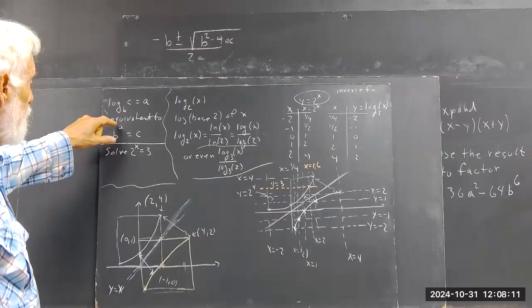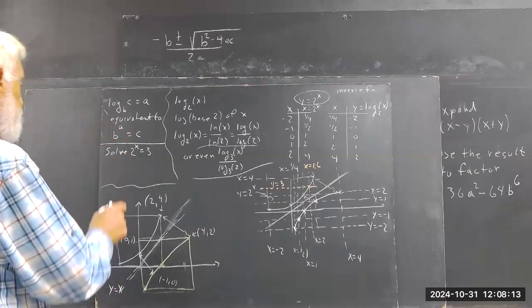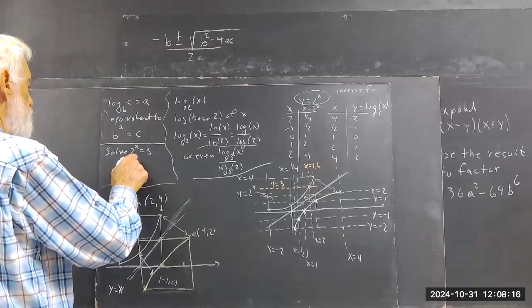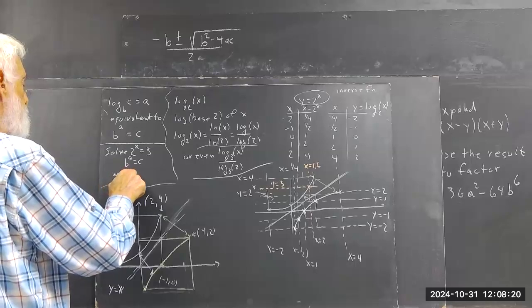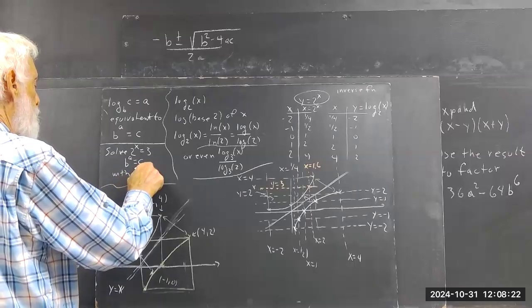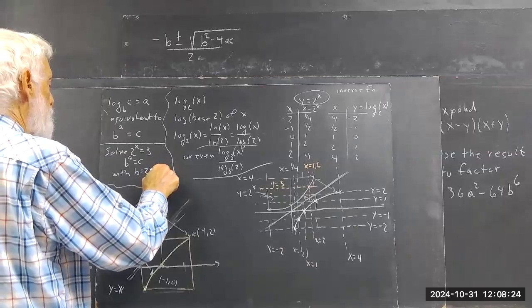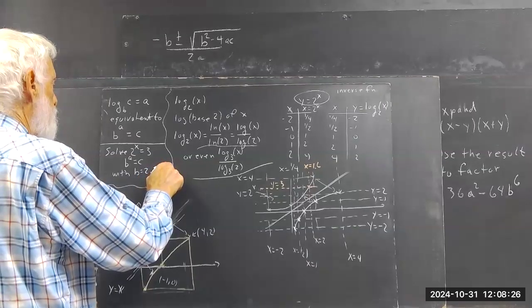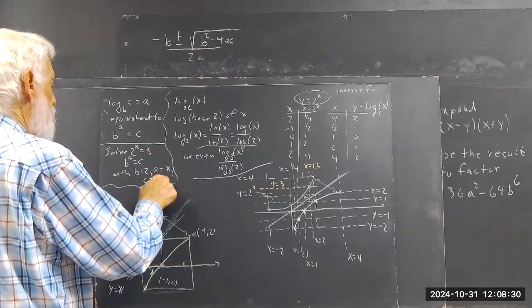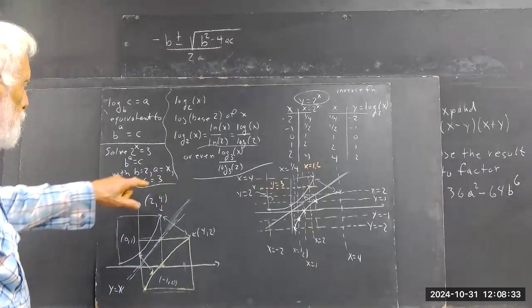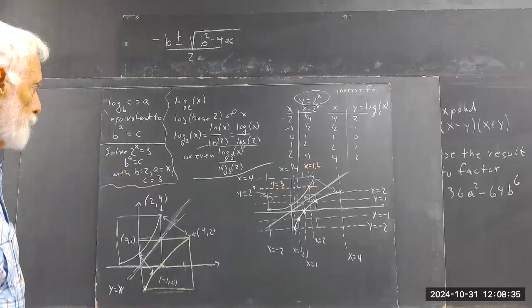This is b to the a equals c. b equals 2, a equals x, c equals 3.